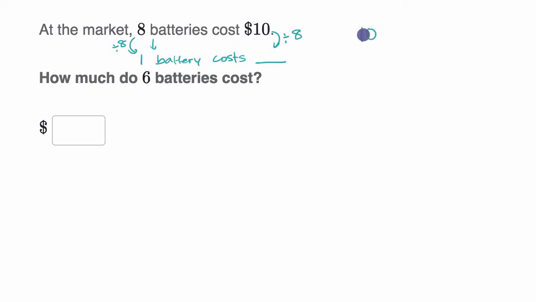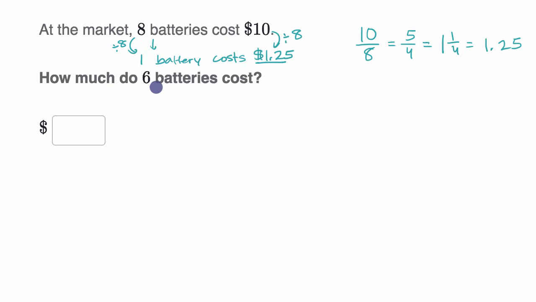So 10 divided by 8 is the same thing as 5 over 4, which is the same thing as 1 1/4. If we're talking in terms of money, it might be more useful to write it like 1 25/100. Or 1 battery costs $1.25.